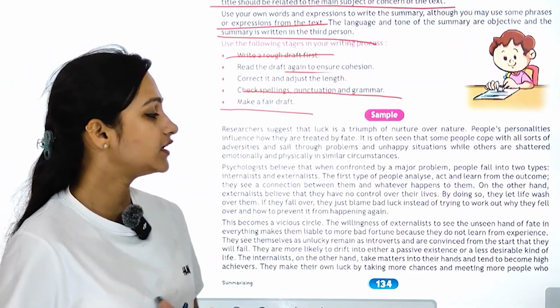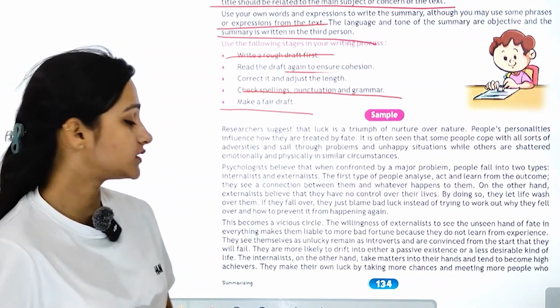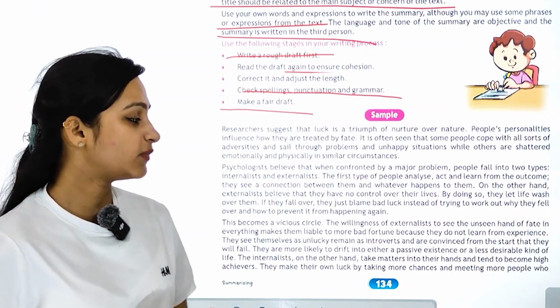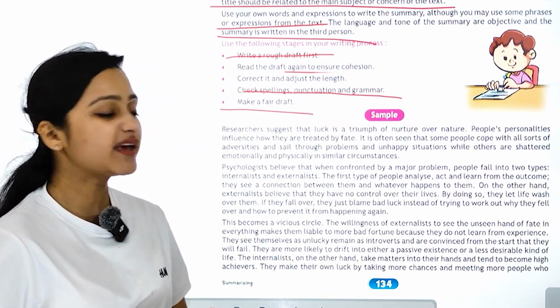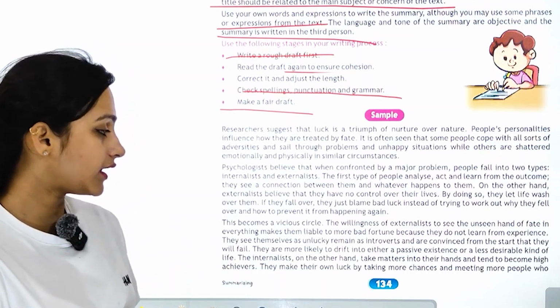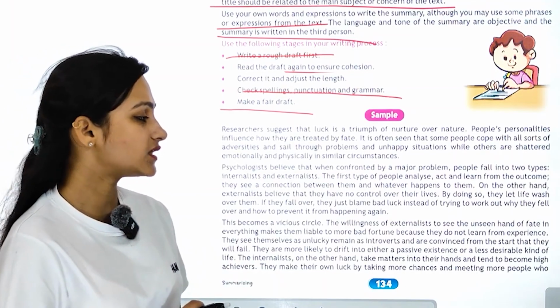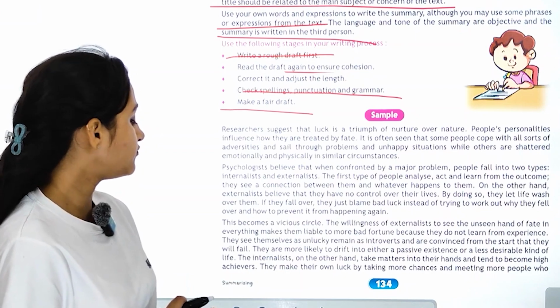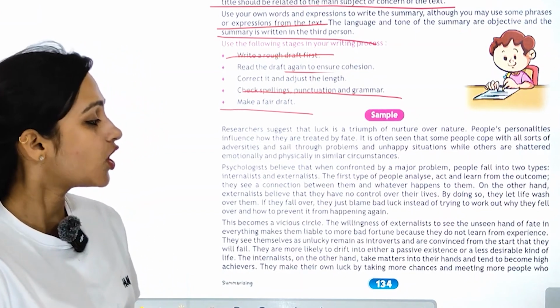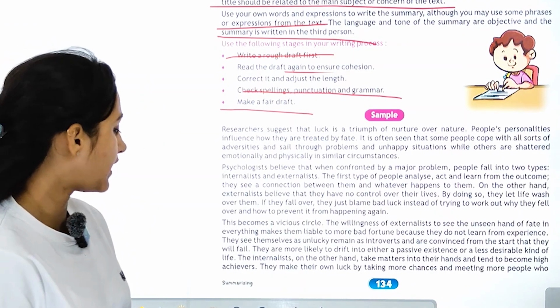The willingness of externalists to see the unseen hand of fate in everything makes them liable to more bad fortune because they do not learn from experience. So they see themselves as unlucky, remain an introvert, and are convinced from the start that they will fail. They are more likely to drift into either a passive existence or less desirable kind of life.